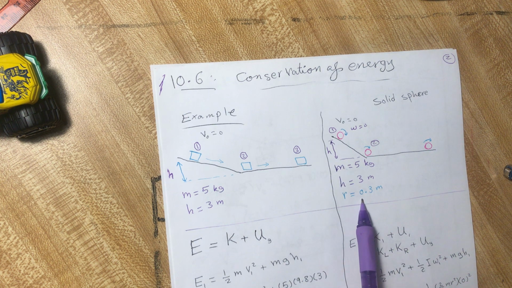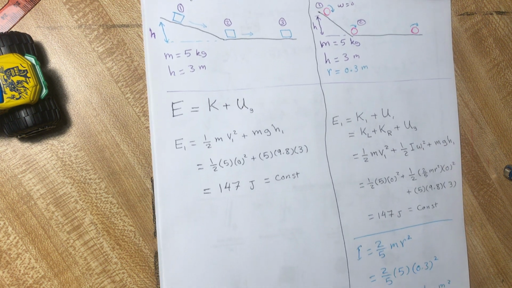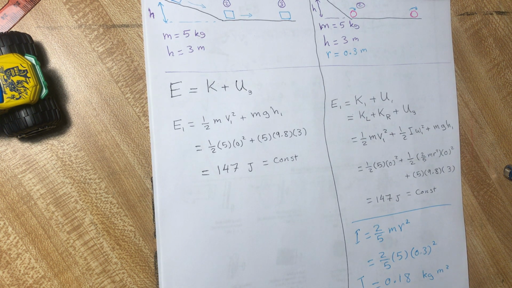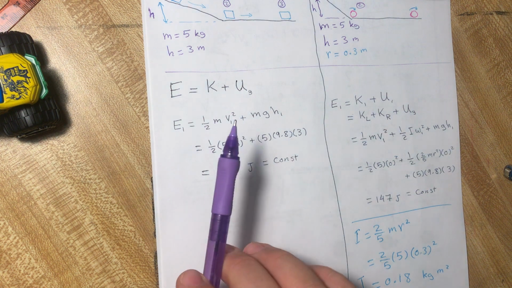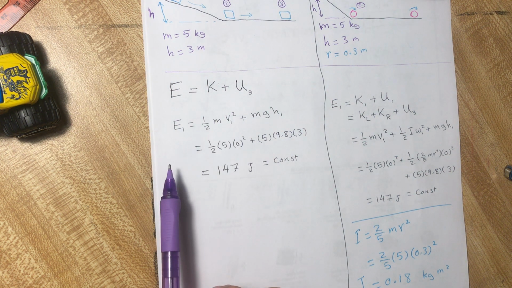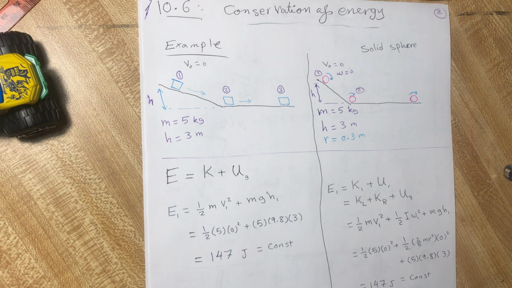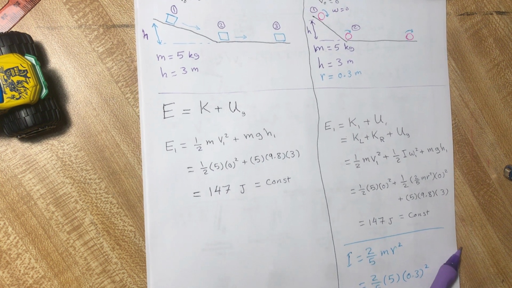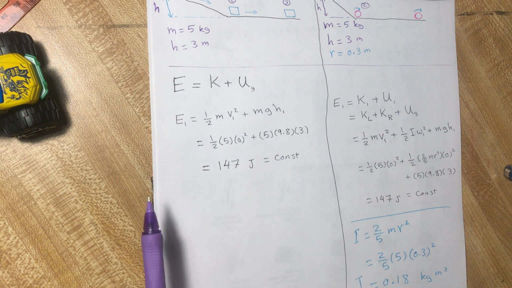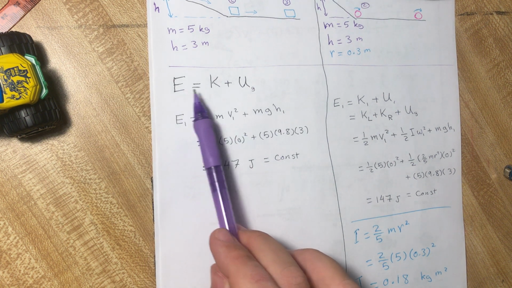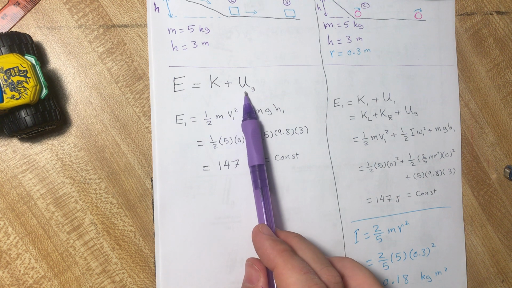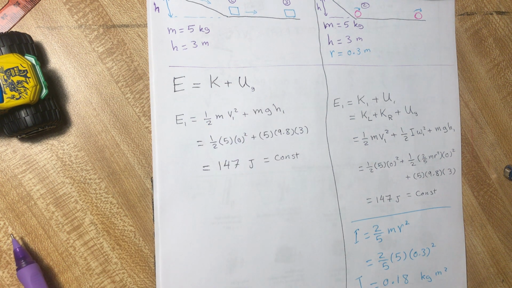We need to know the radius because we have rotational motion. Now if we need to calculate the total mechanical energy for this system, the total mechanical energy is constant because we have just the gravitational force, which is a conservative force. So we can use the conservation of energy. The energy is equal to kinetic energy plus potential energy due to gravity. We don't have a spring here.